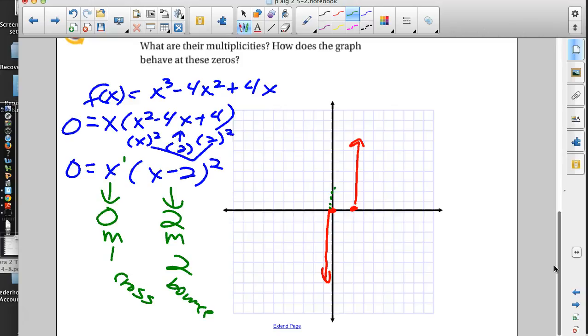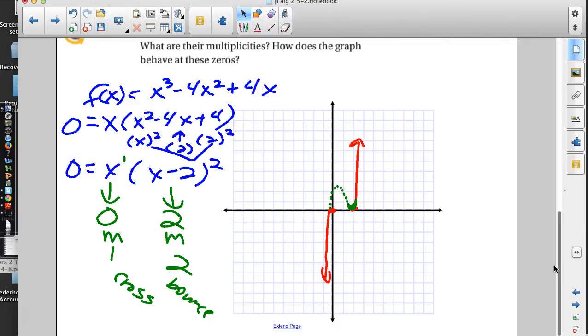So it'll come up and it'll come down, and that can be solid right there because I know that's going to be a bounce. But that little dashed piece, that's where we do our local maximum, like we did yesterday. But I'm not going to put that in there today because we're going to talk about that. There we are with our bouncing and our crossing.